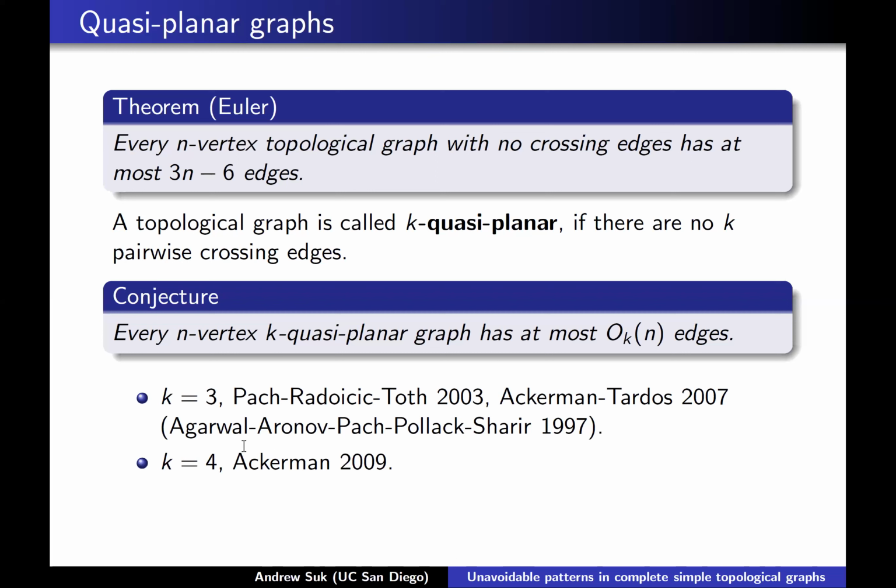The case when k equals 4 was solved by Ackerman in 2009, but for k at least 5, this conjecture is still open. And I believe as of today, the best known upper bound for when k is at least 5 is this quantity here, due to Fox, Pach, and myself. And so in particular, when k is fixed, the best upper bound is essentially n polylog n.